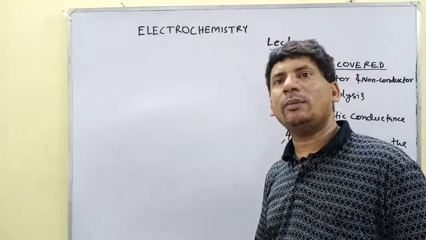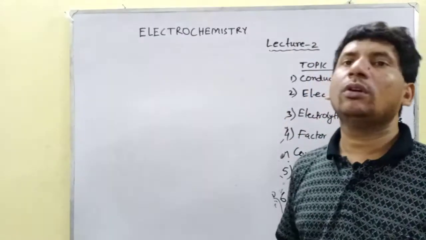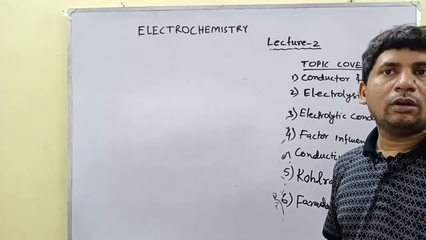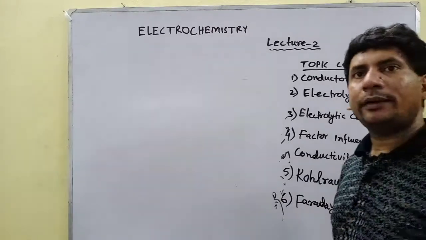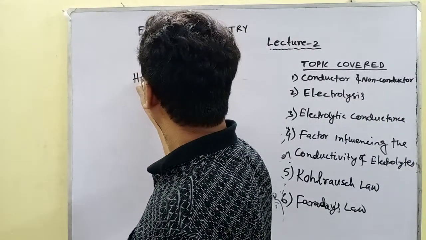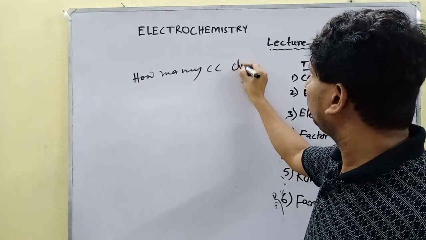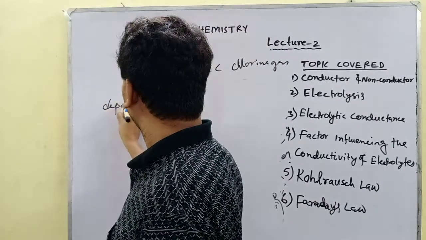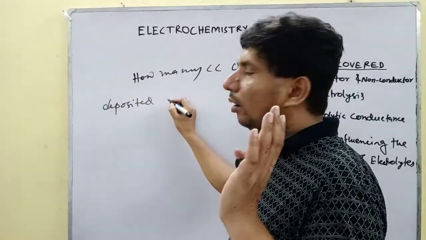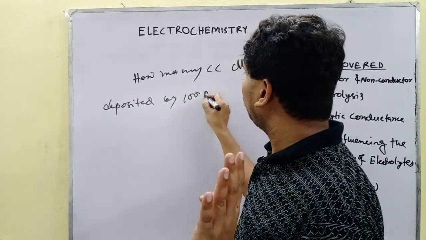If we consider a problem, if we want to get the volume of chlorine from sodium chloride, write it down: how many cc of chlorine gas will be deposited by 100 ampere current?